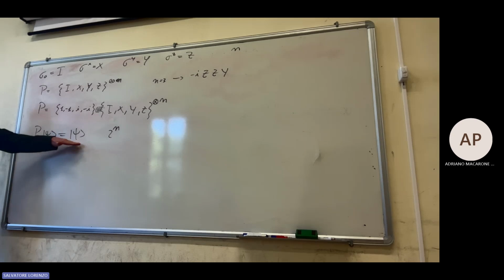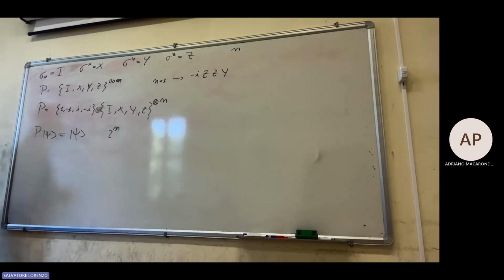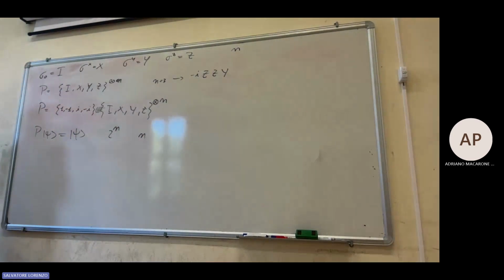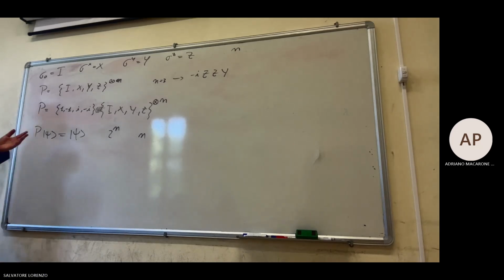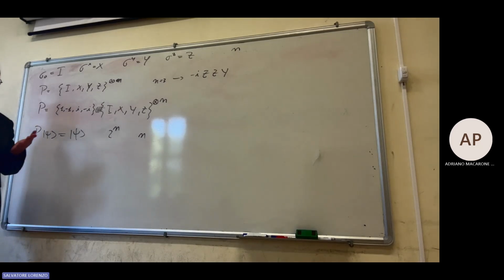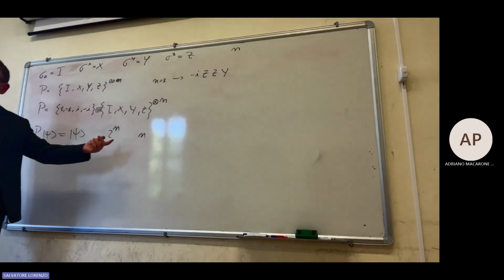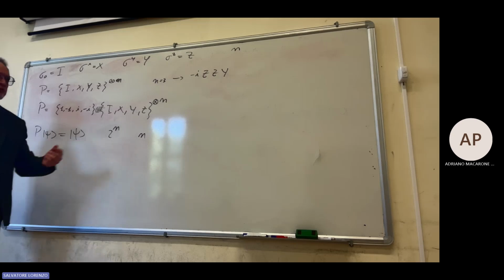The important thing is to observe that you can define a complete set of n, not 2^n, but only n elements of the stabilizer group that have the property to commute with each other and to be linearly independent, that can act as the basis of the stabilizer group.